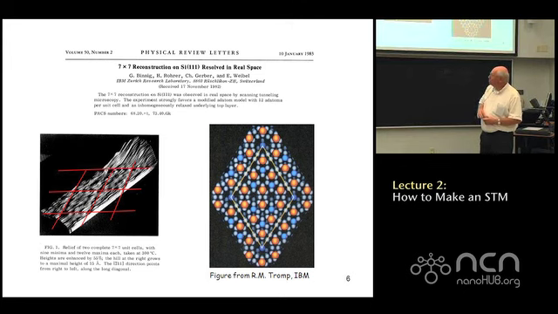There's this picture on the left, which is their experimental STM image. I've added a couple of red lines to try to indicate how that surface is segmented into triangular shaped regions.